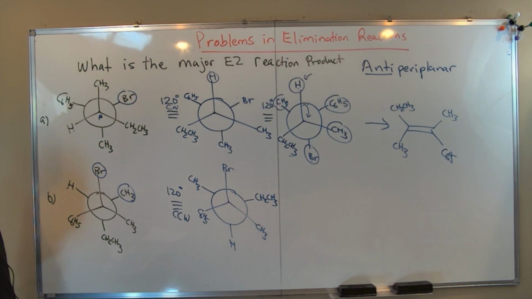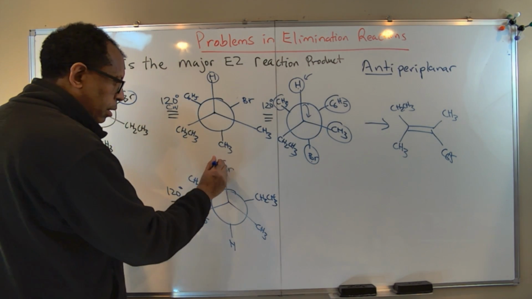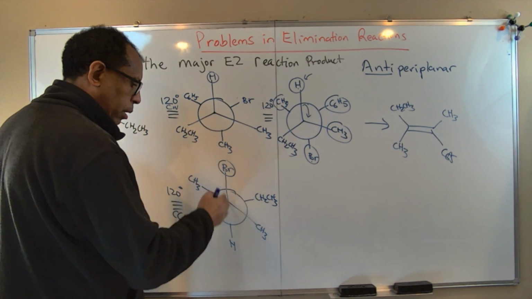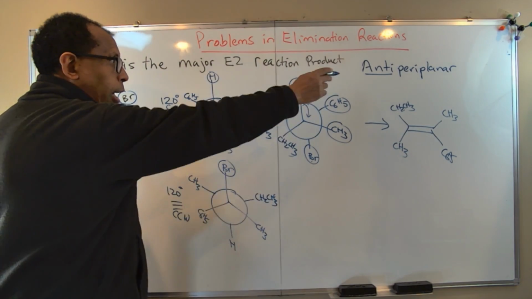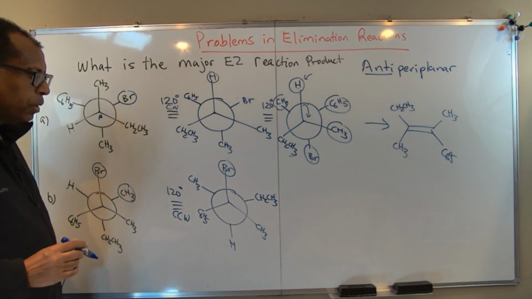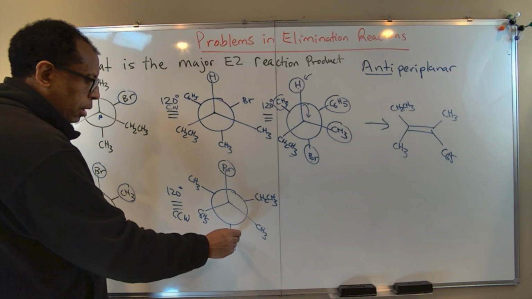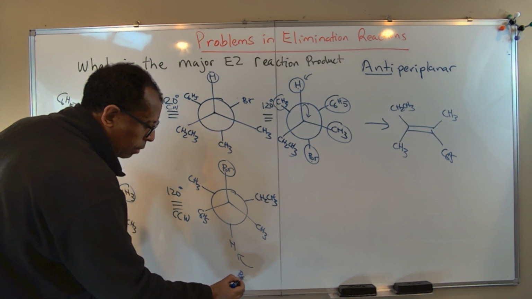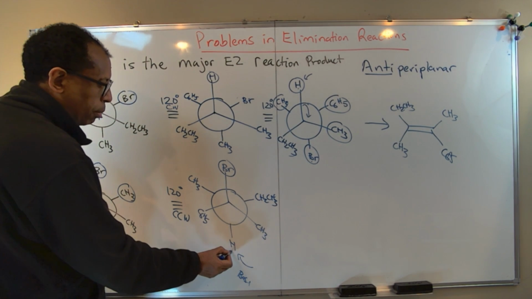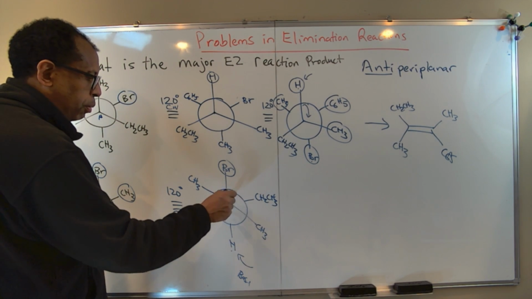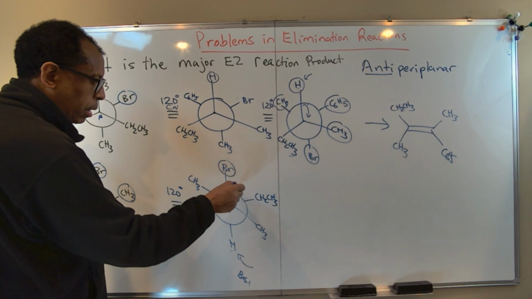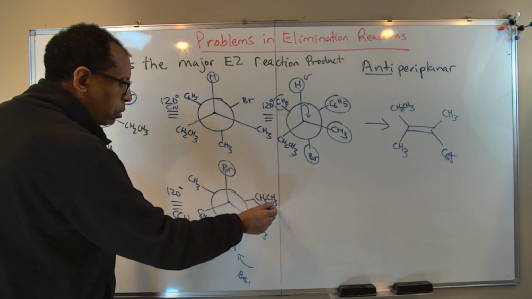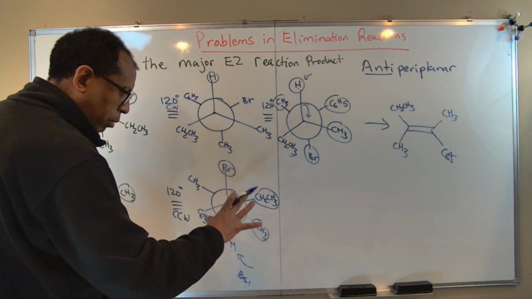Exactly this. Now I have the bromine, which is a halide, and the hydrogen, anti-periplanar, 180 degrees anti-periplanar arrangement. So when hydrogen comes in, a base comes, takes that proton away, it will put the double bond across this carbon and the other carbon inside the plane of the board. So CH2 and CH3 would be on the same side.